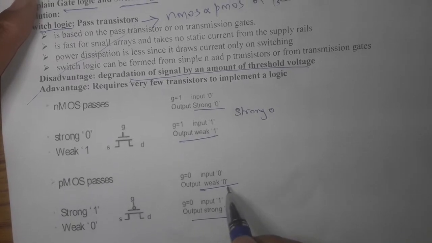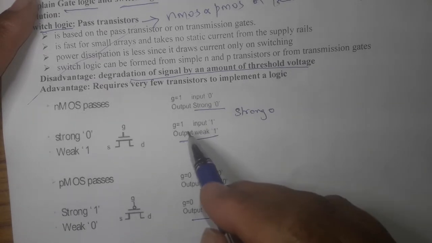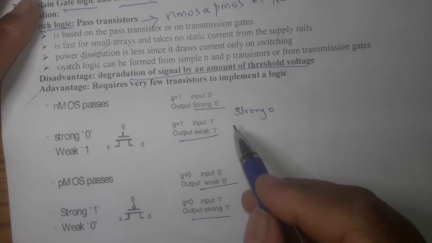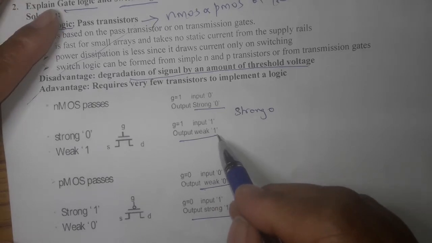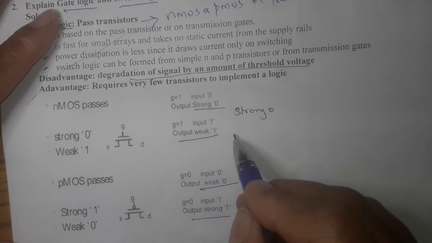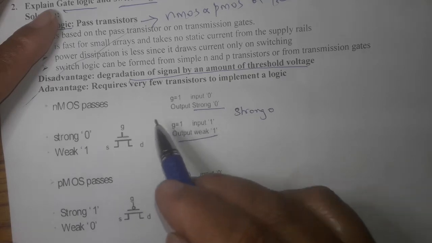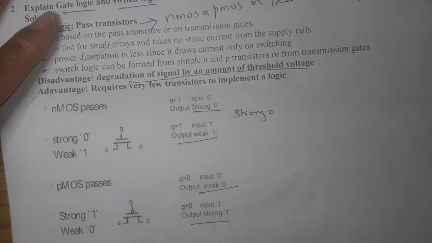You may not get exactly 0, it may be somewhere around 0.3, 0.4 volt when you use a PMOS. When I use an NMOS, I will be getting complete 0, but I will not be getting complete 1, wherein, if it is a 5 volt logic high, I may be getting up around 4.4 or 4.5 volt, depending upon the threshold voltage of this transistor.